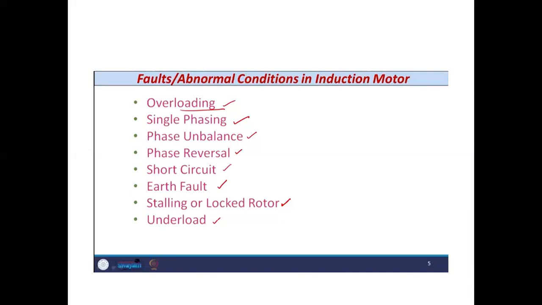The next one is stalling or locked rotor. When you start the motor, if the motor refuses to start, or if it started but is just running at a lower speed than the normal speed, this phenomenon is known as stalling. And the last one is underload.